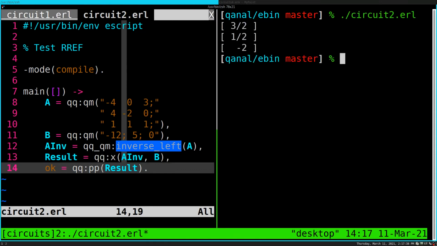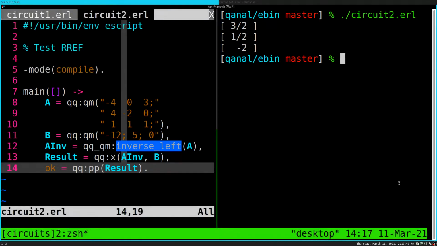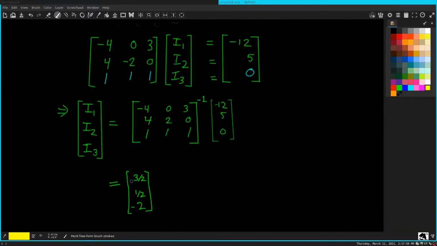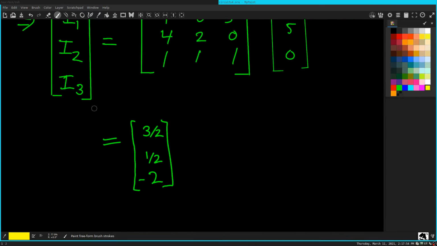And it's equal to 3 halves, 1 half, and minus 2. That's what I wrote here: 3 halves, 1 half, and minus 2.